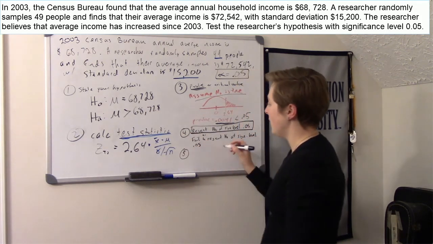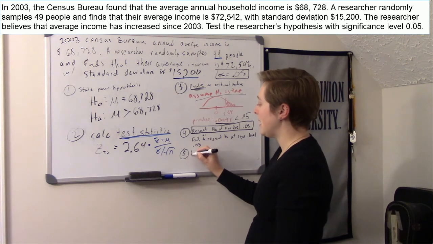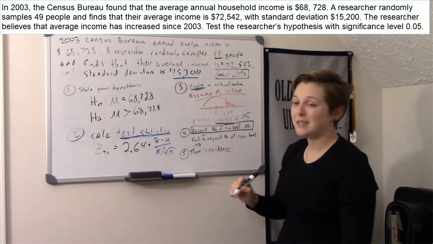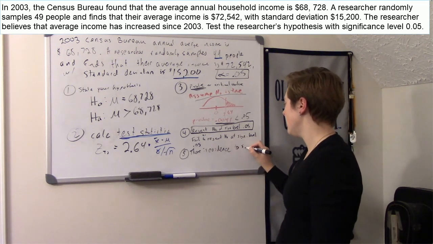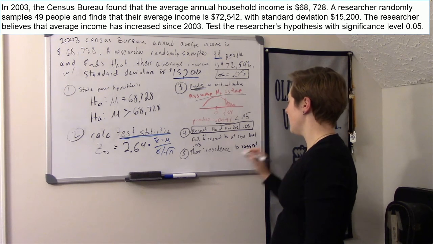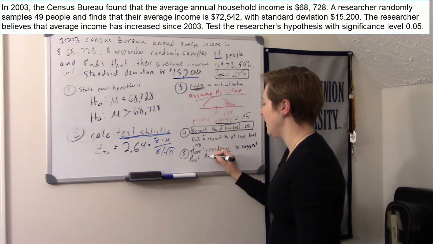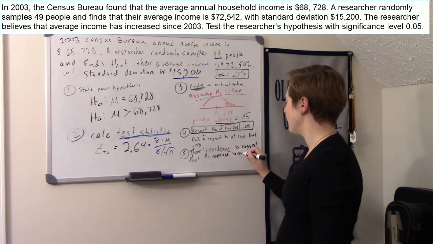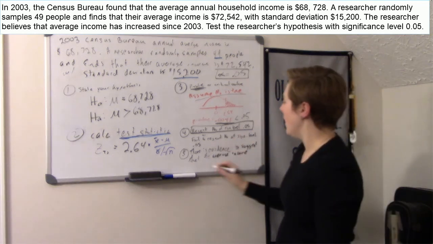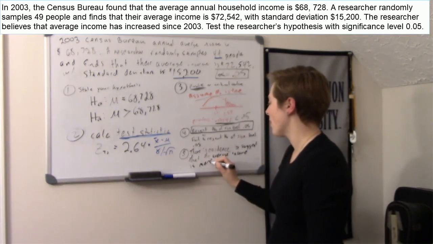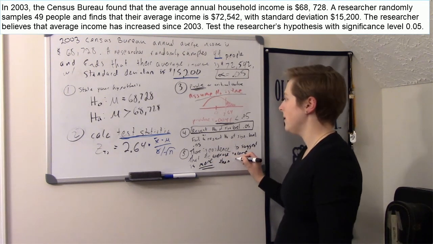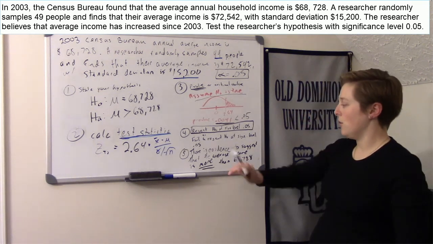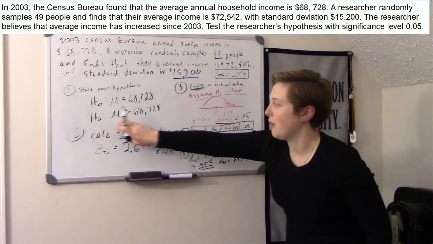So, we reject the null hypothesis, and then we say, there is evidence to suggest that the average income for households is more than 68,728. So you're saying something about the alternative now.